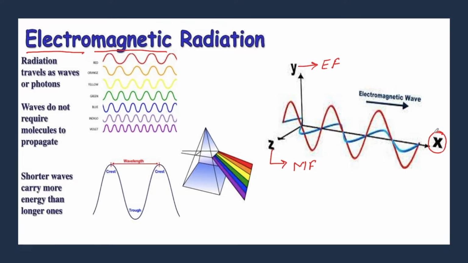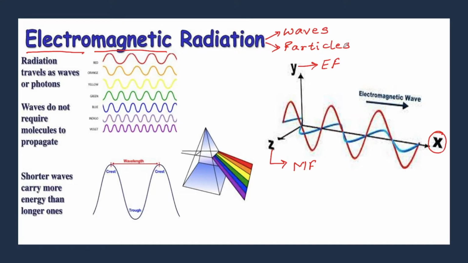Also, these electromagnetic radiations are dual in nature. Dual means these radiations can behave like waves, and they can also behave like particles. These radiations do not require any medium or molecules to propagate.